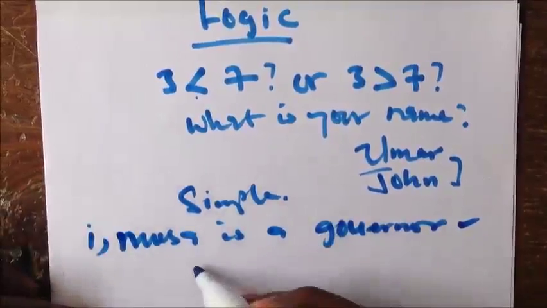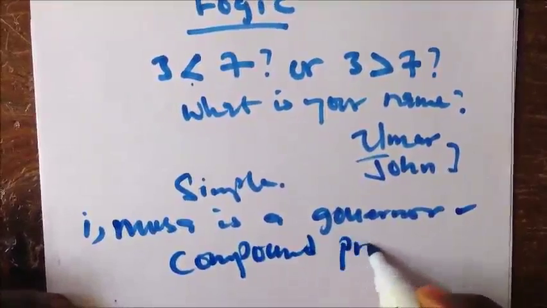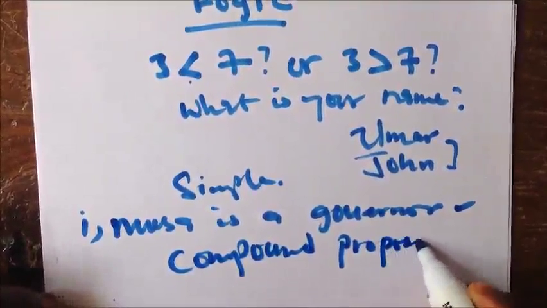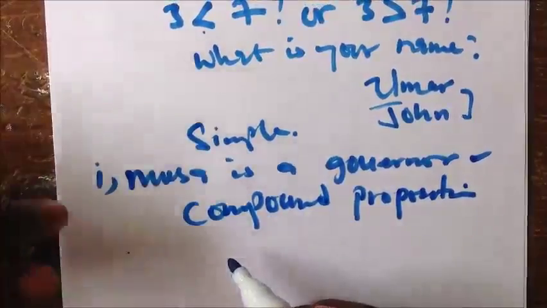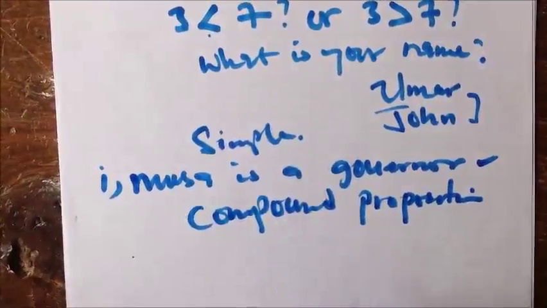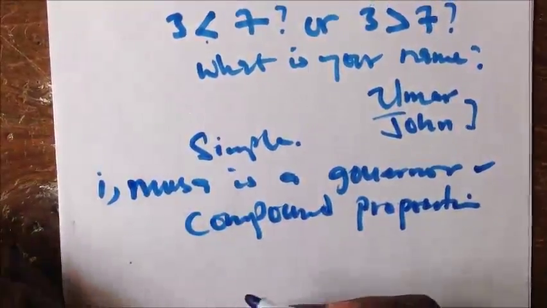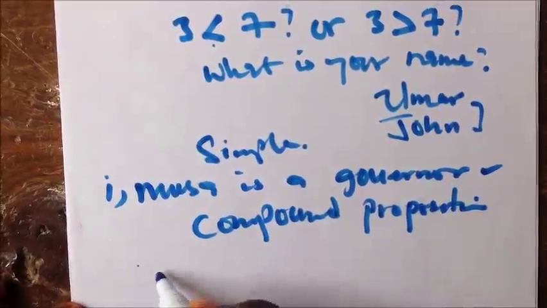Then we have what you call a compound proposition or compound statement. A compound statement is made of two or more propositions joined together using connectives. I know when I say connectives you'll be confused: what do you mean by connectives? Let's take an example.